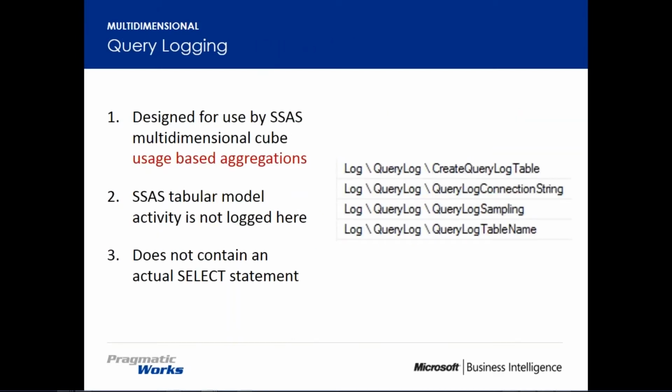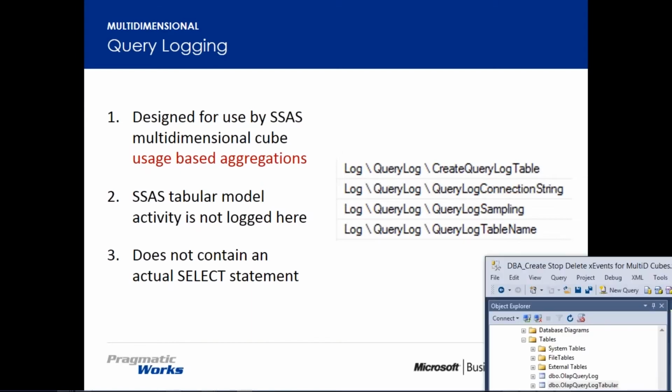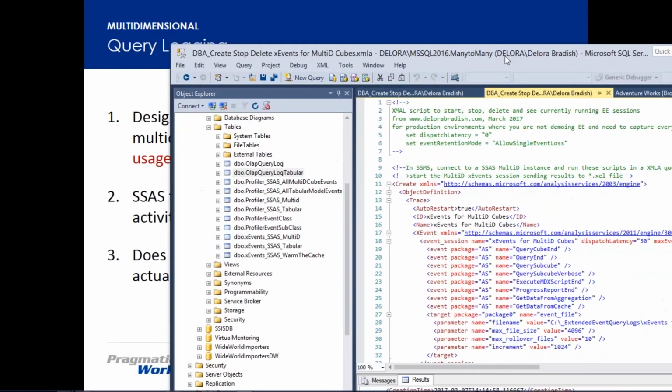One thing that is easy to misunderstand right out of the gate, especially if you're moving from multidimensional to tabular, is query logging. By default, you will open up Management Studio and set up query logging in your tabular instance. I'm going to show you how that works.